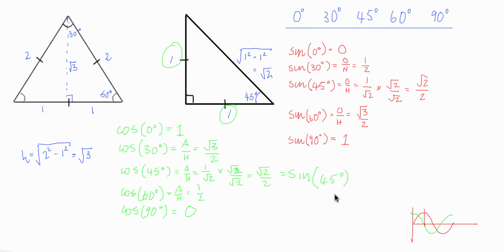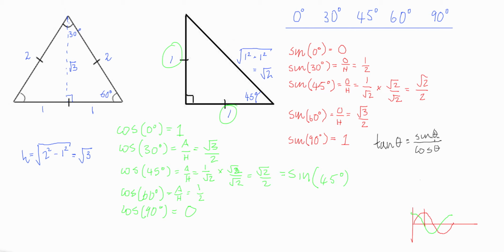Okay. Now, last but not least, we have tan. The way we can do tan is we know that tan of an angle is equal to the sine of an angle divided by the cosine of the angle.